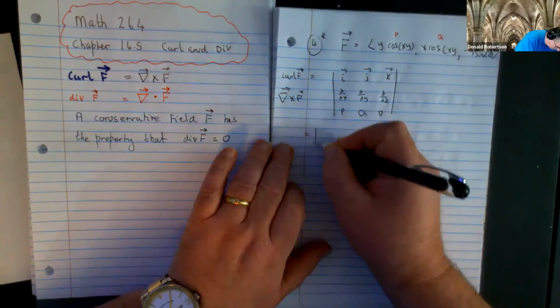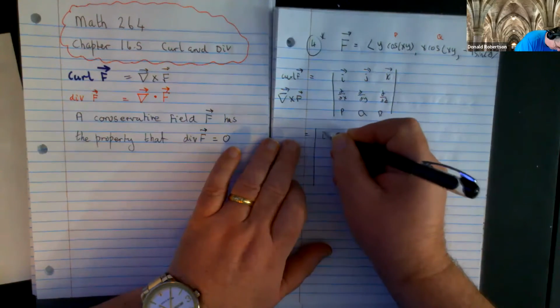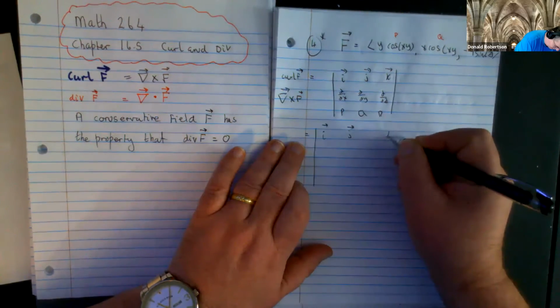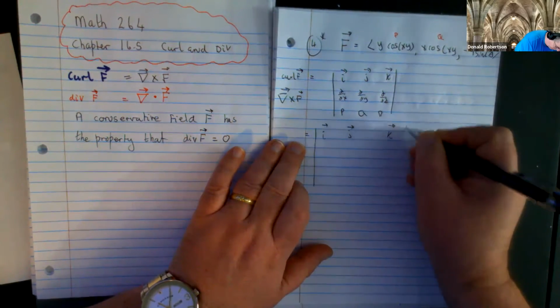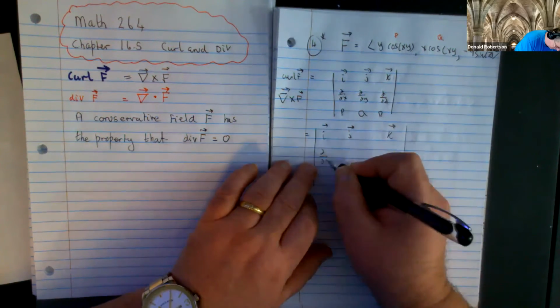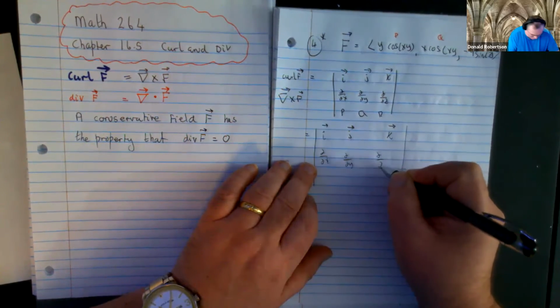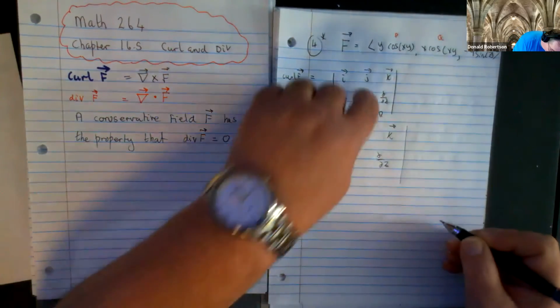So what's it going to look like? It's going to look like i, j, k, the operator again. I'm not going to do that line again, no point.